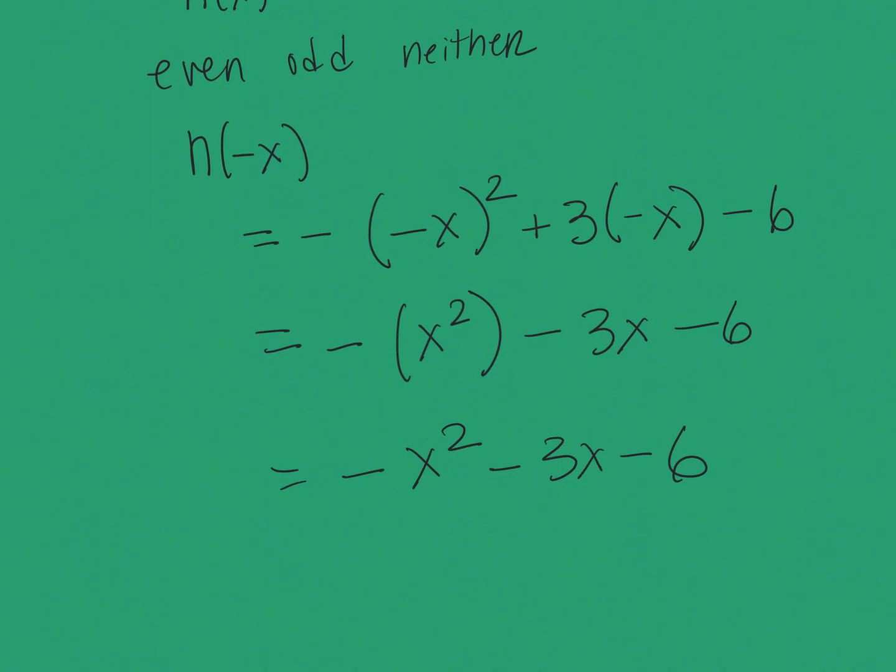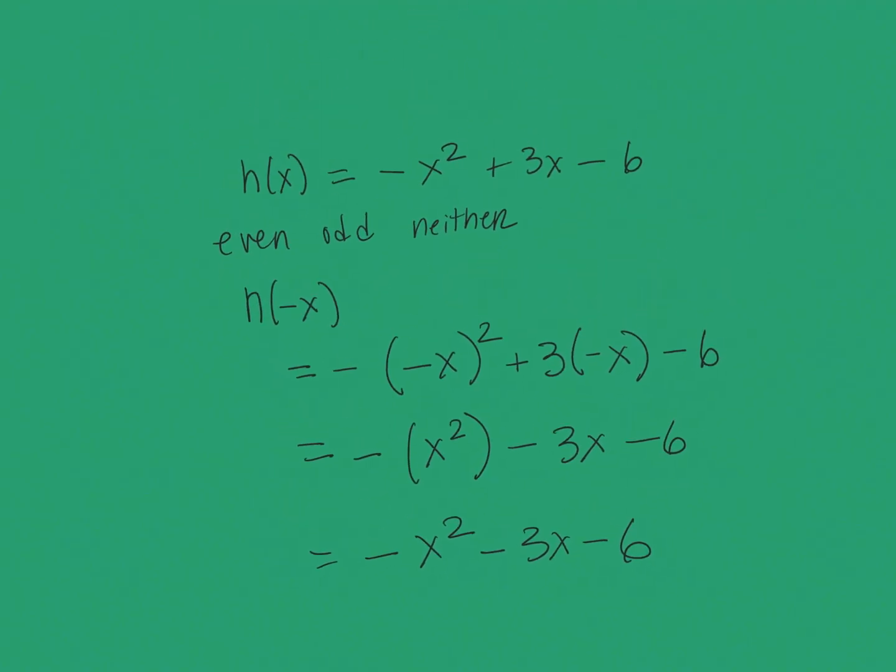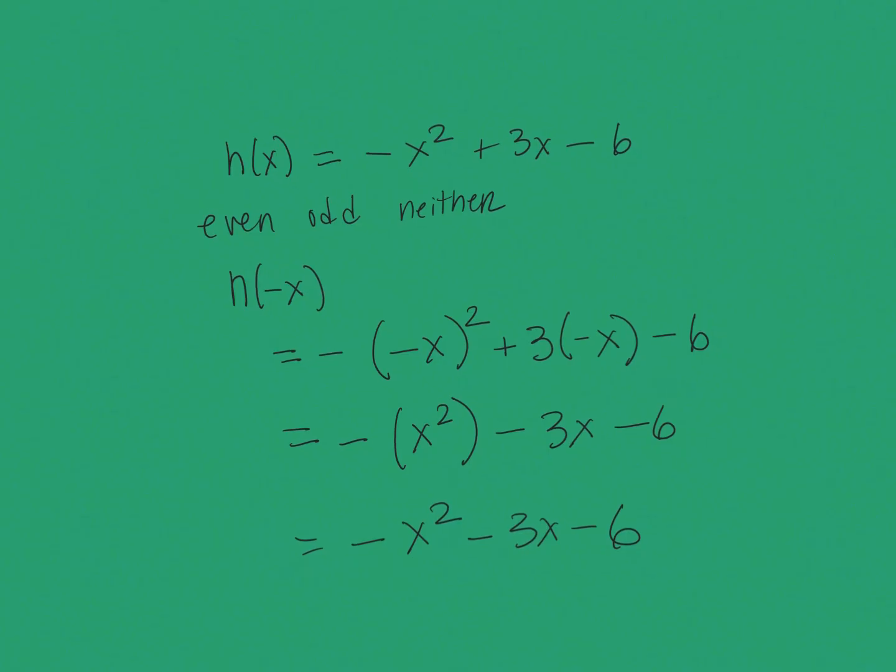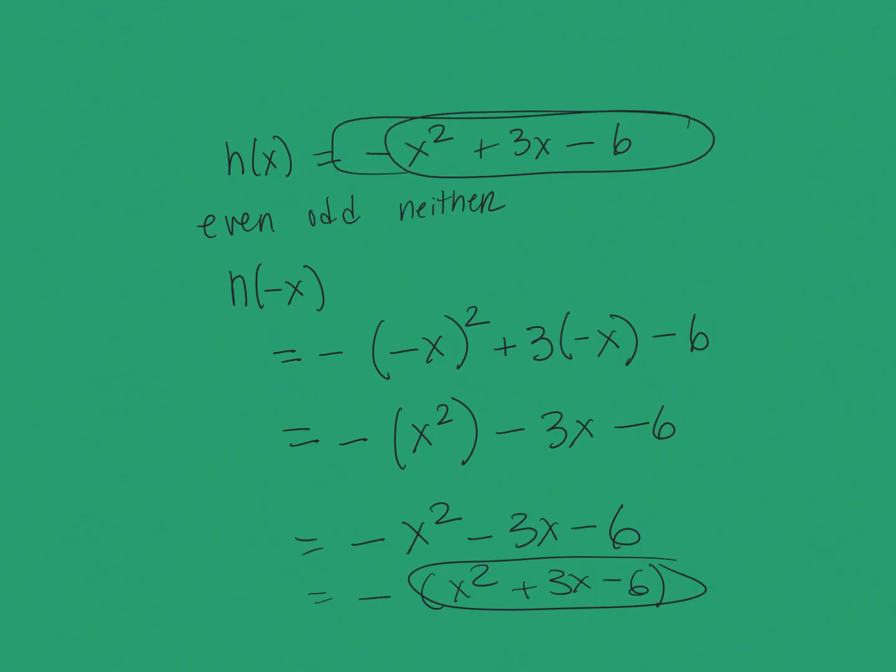And then they want to know, is that even, odd, or neither? That would be odd, right? Well, if I pull out a negative sign from this, do these match? No, so it's actually neither. An x squared would be even, right?